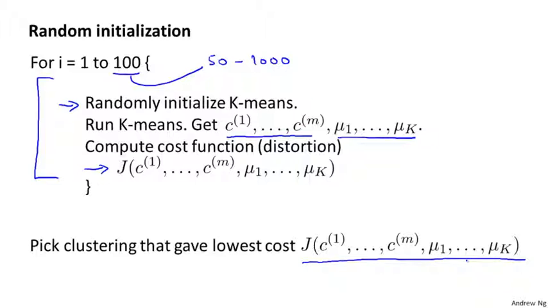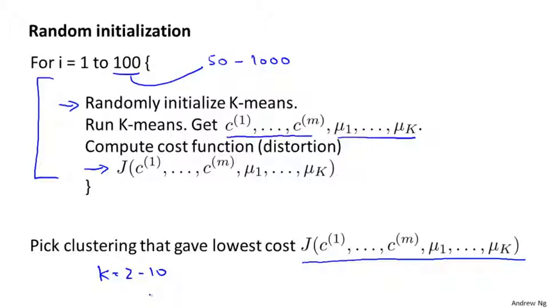It turns out that if you're running k-means with a fairly small number of clusters, so if the number of clusters is anywhere from 2 up to maybe 10, then doing multiple random initializations can sometimes make sure that you find a better local optimum, a better clustering of the data. But if k is very large, certainly if you're trying to find hundreds of clusters, then having multiple random initializations is less likely to make a huge difference.